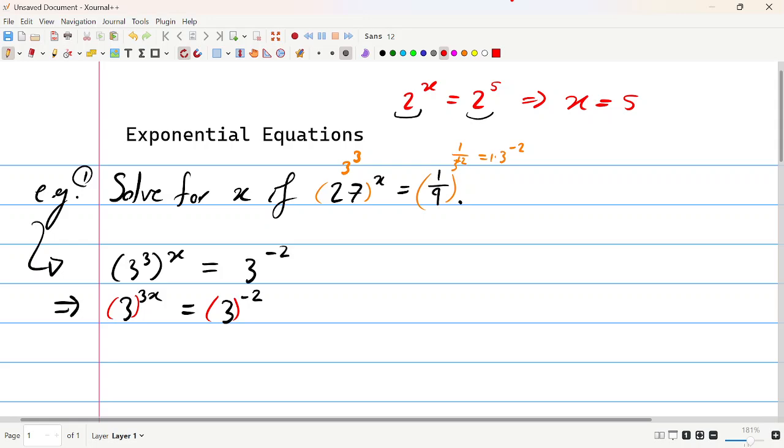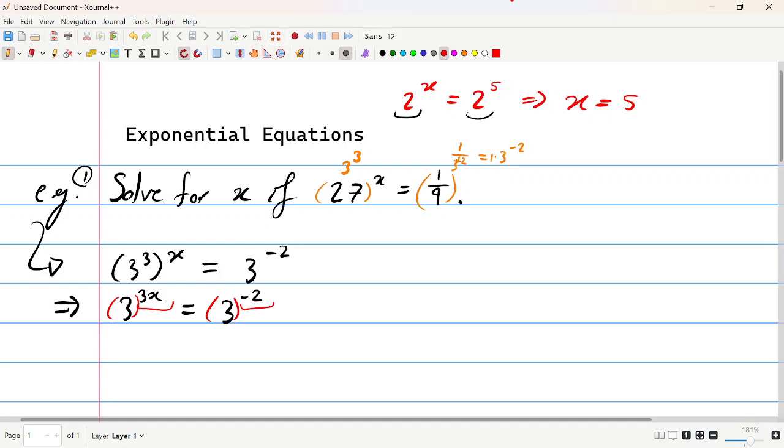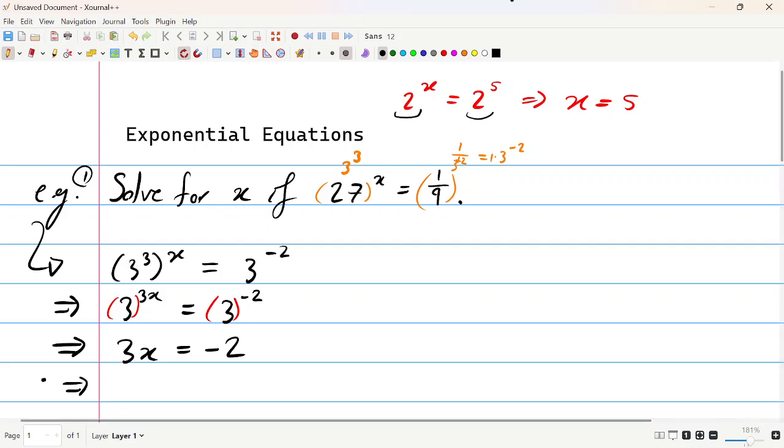Now we just need to figure out what the value of x is going to be using the exponents. So we need to let the exponents be equal to each other, such that we have 3x is equal to negative 2, meaning we need to solve for the exponents now, okay? Hopefully this makes more sense now. And obviously, in order to get x on its own, we need to divide both sides by 3. So therefore, x is just equal to negative 2 over 3.